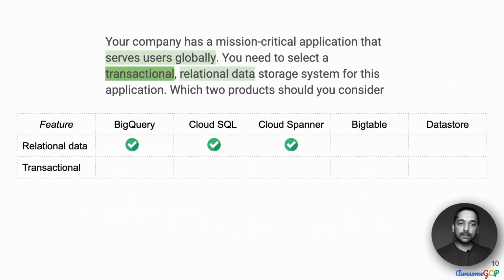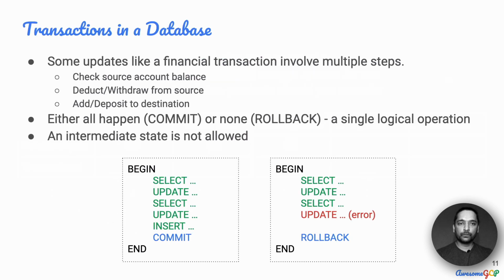Next, let's look at transactional data. What is a transactional database? Some updates in a database, say like a financial transaction, involve multiple steps that need to be done together. When you have two accounts and you need to move funds from one account to another, you should read the original account, deduct a value from it, take that value and deposit it to the destination account and update the balance there.